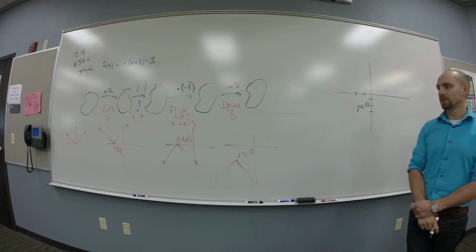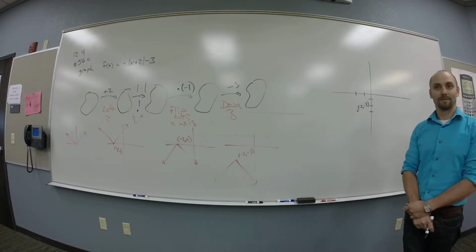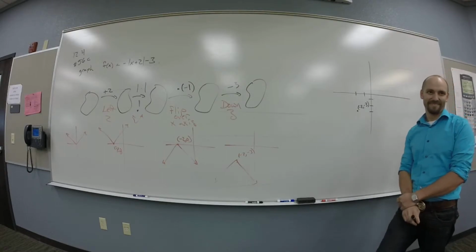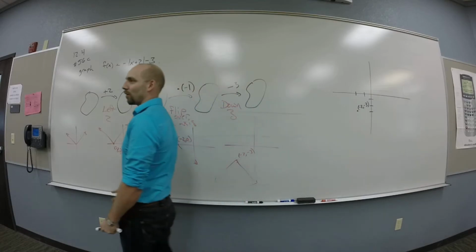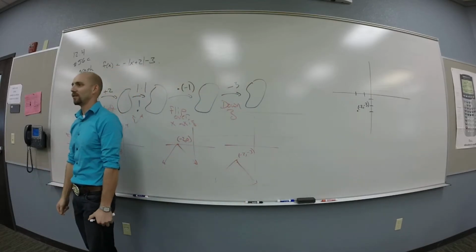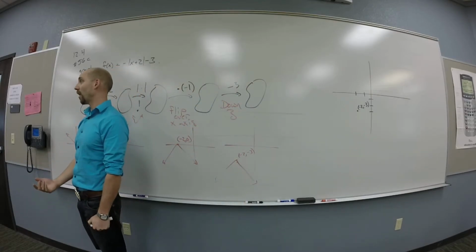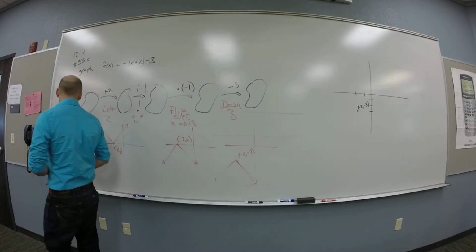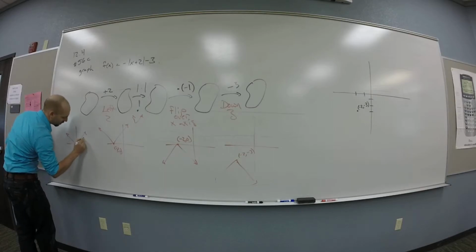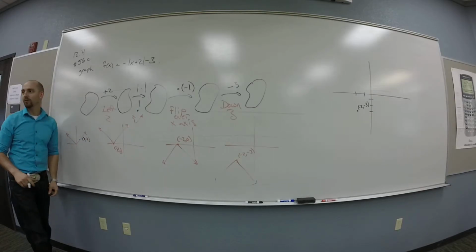So what were the slopes of those lines to start with? What does it do to positive numbers when I put them in the absolute value function? Nothing, right? So if I put 2 in, I'm going to get 2 out. That means right here, there should have been the point 2, 2, right?